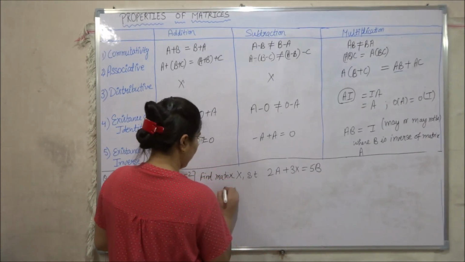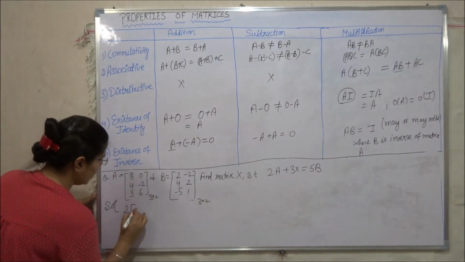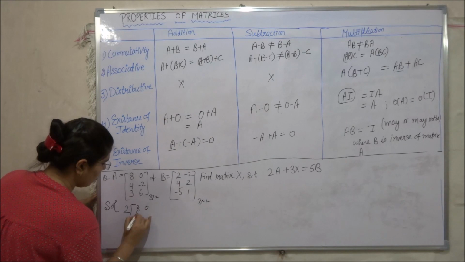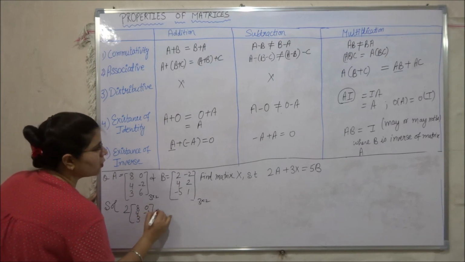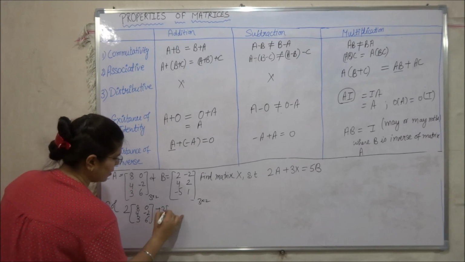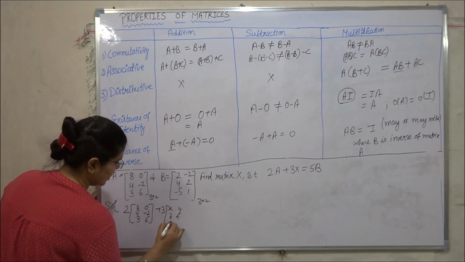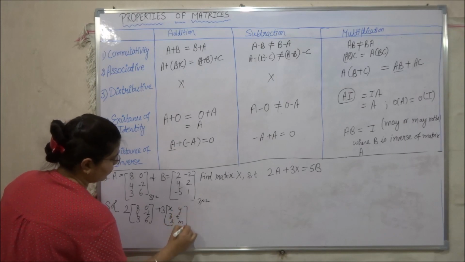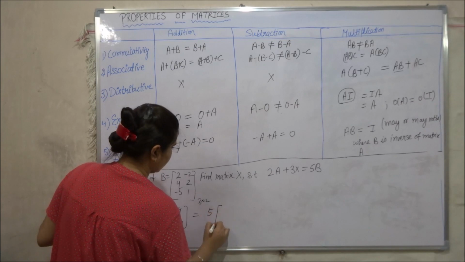So we have 2A, where matrix A is 8 0 4, minus 2 3 6, plus 3X. Let matrix X be x y z t l m. This will be equal to 5B.